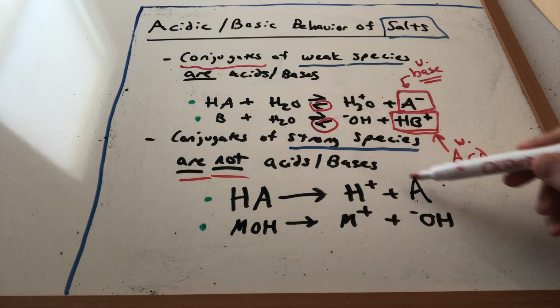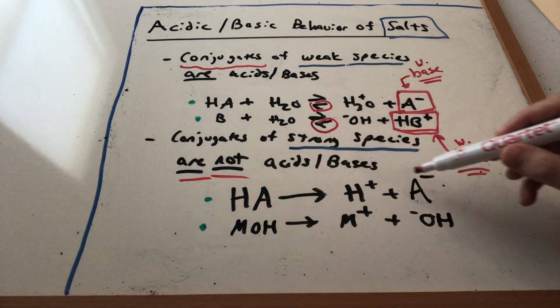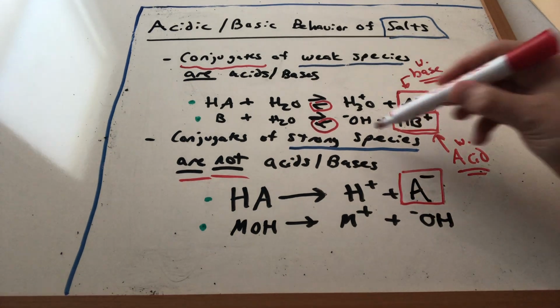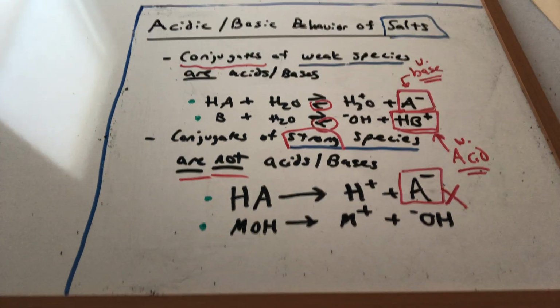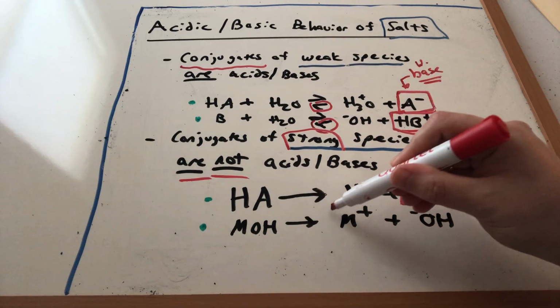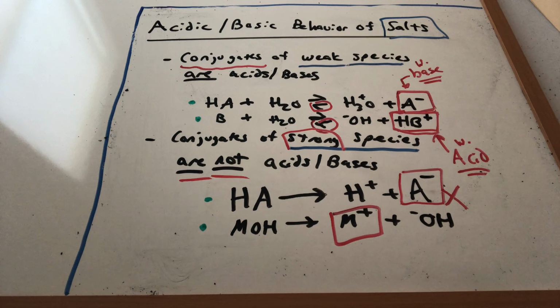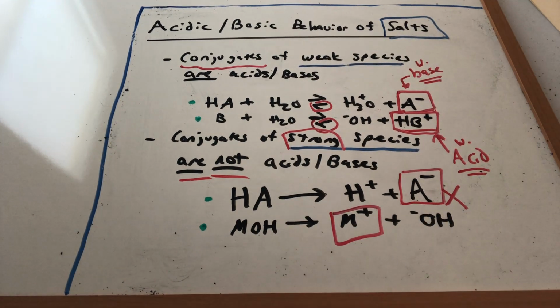Is it possible for this A minus to pick up the H plus and go in the other direction? No. So this conjugate species, because it came from a strong species, is not an acid or a base. It's not going to affect the acidity or basicity on this level of chemistry at all. Same thing with this M plus that gets generated from our strong base reaction. Can it somehow pick up the OH minus and go back the other way?